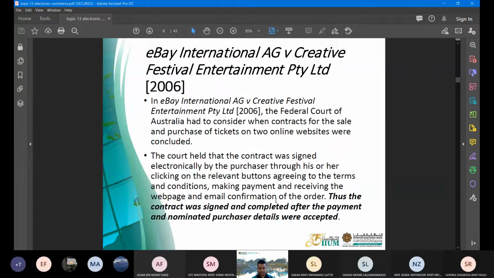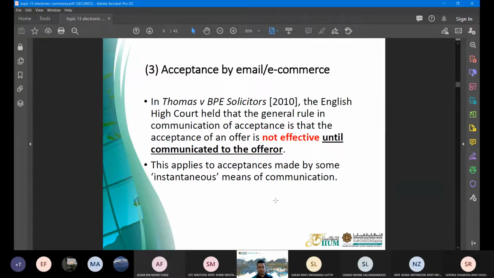Email might take some time, but on this note, in the issue of acceptance, offer and acceptance by email, you have learned before this that if you are using letter or fax, the postal rule would apply. But as decided in recent cases, like Thomas v BPA Solicitor, email, SMS and so on, all these are instantaneous technology.